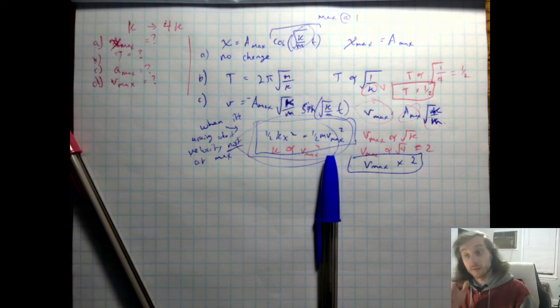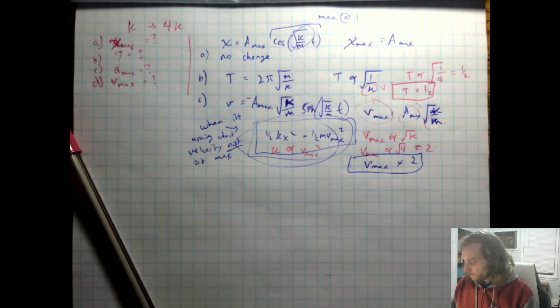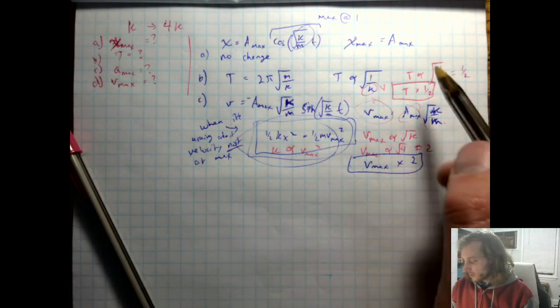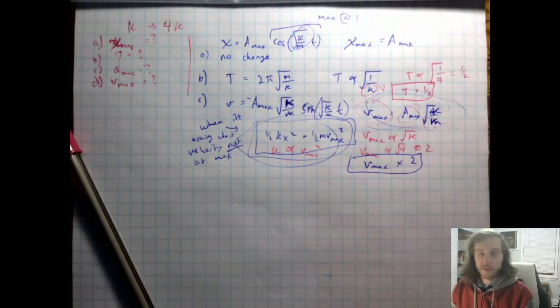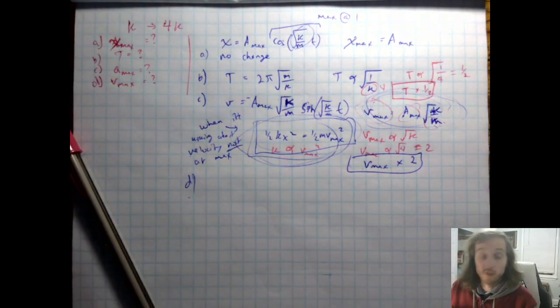When it's halfway towards the middle, I think that would mean that you have 1/4 as much potential energy. So 3/4 of that total energy from the beginning will be kinetic, and you can use that to sort of figure out your relationships there. So sometimes it's easier to think of it just by using the equation. Sometimes it's a little bit easier to think about it by going back to our older ways of approaching it and using energy. For D, similar things.